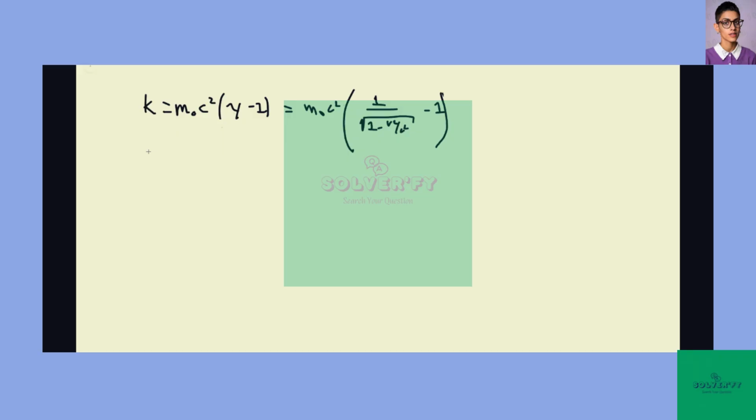We get K equals m0c squared times gamma minus 1. What we really want to solve for is gamma. So K over m0c squared equals gamma minus 1, and K over m0c squared plus 1 equals gamma.